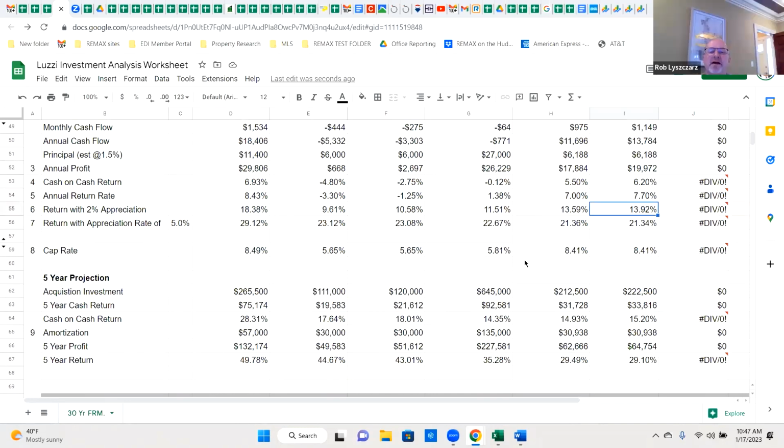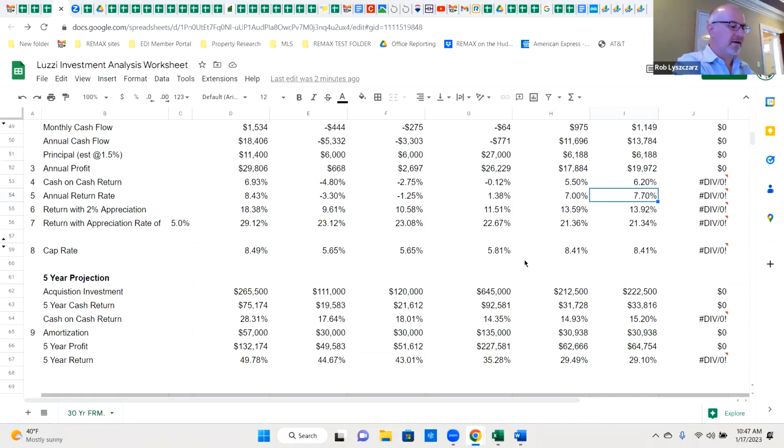Does anybody know why, if there's a 2% appreciation in year one, the return rate goes from 7 to 14, or from 8 to 14? Why doesn't it go from 8 to 10? Who knows that? Anybody?